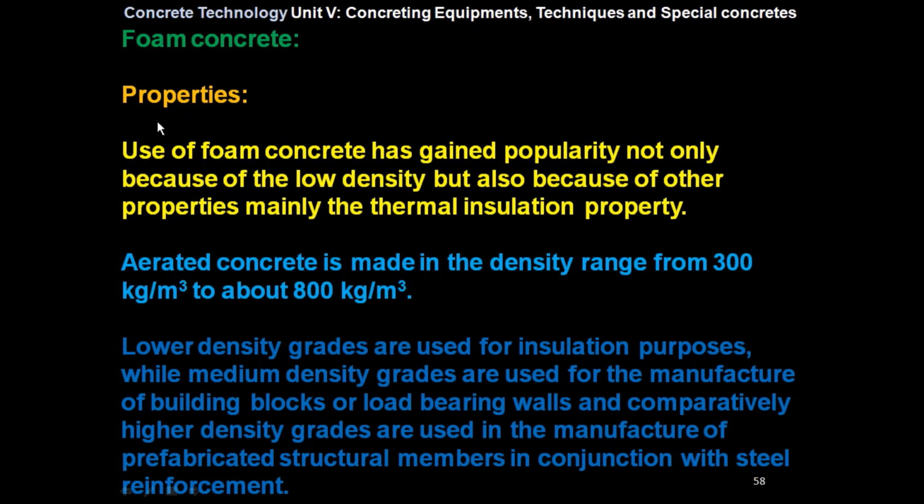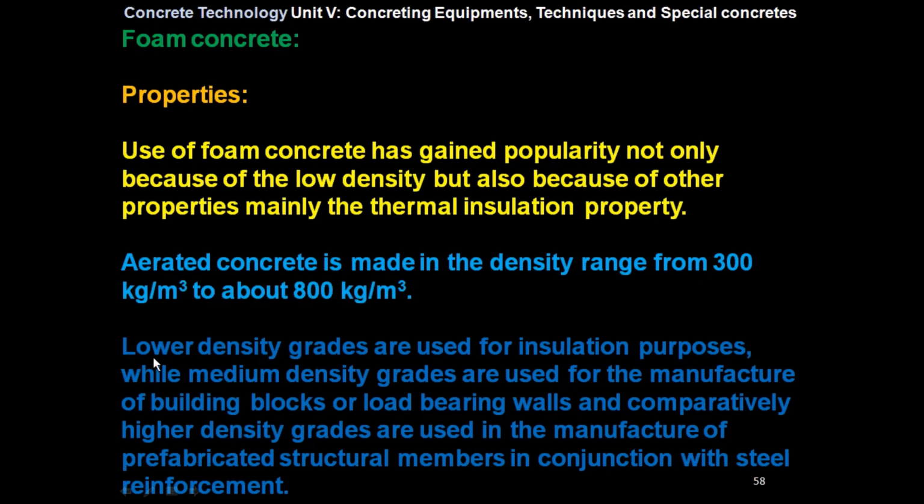Now we will see the properties of foamed concrete. Use of foam concrete has gained popularity not only because of the low density but also because of other properties, mainly the thermal insulation property. Aerated concrete is made in the density range from 300 kg per meter cube to about 800 kg per meter cube.